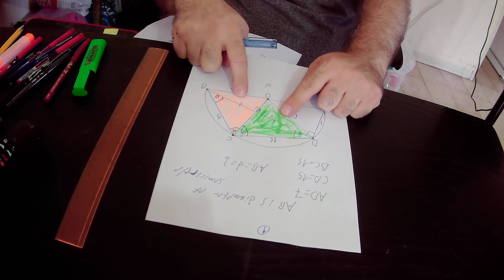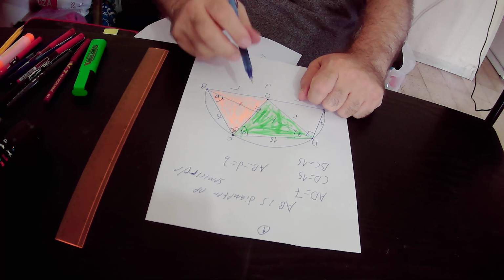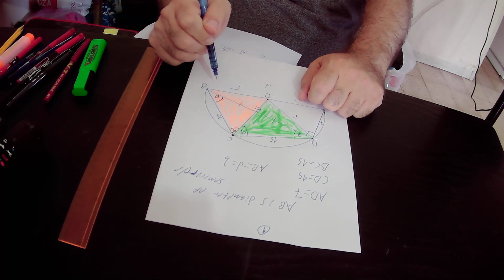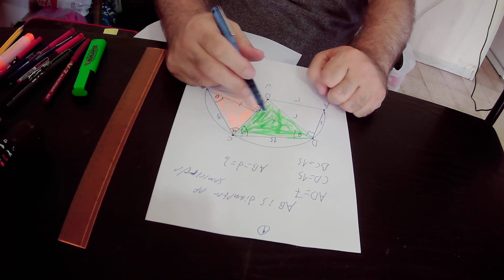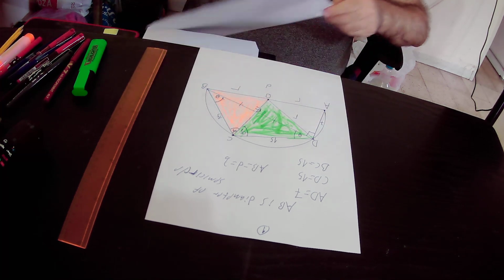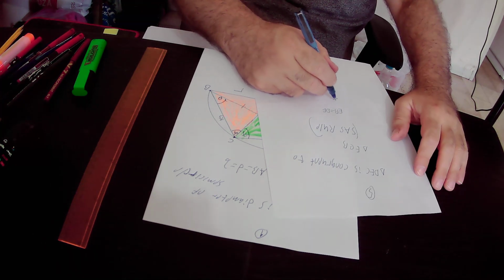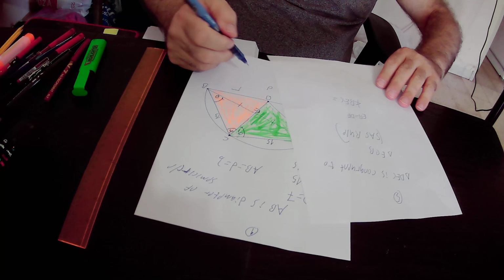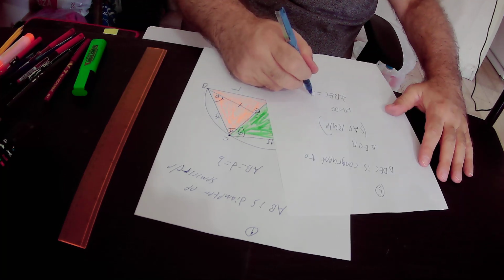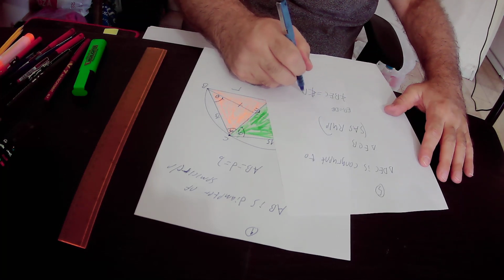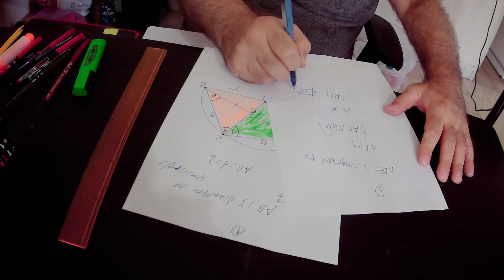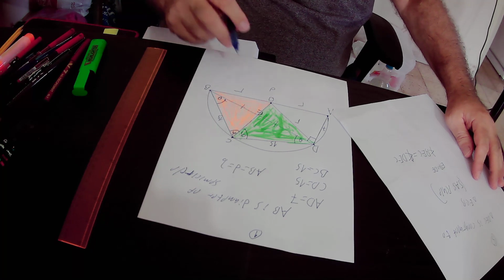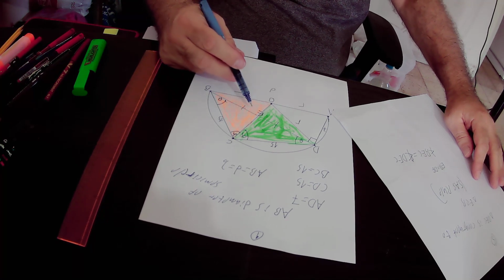And also angle BEC equals angle DEC, according to the rule that corresponding angles in congruent triangles are equal.